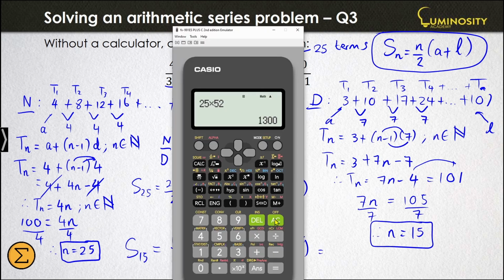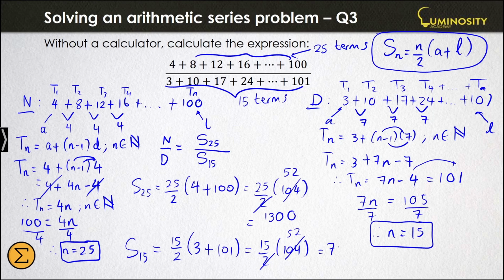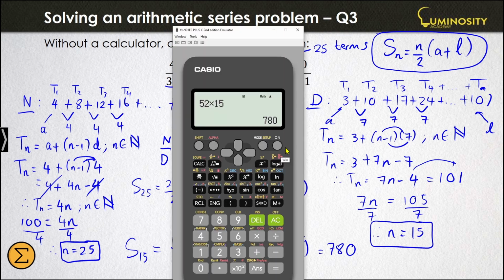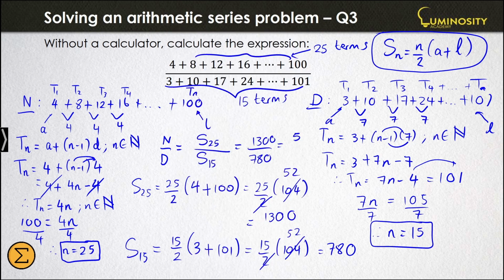Let's bring that up. 52 times 15, that's 780. So therefore, the final answer is 1,300 over 780, which if you put into your calculator, 1,300 divided by 780, will give you 5 over 3.